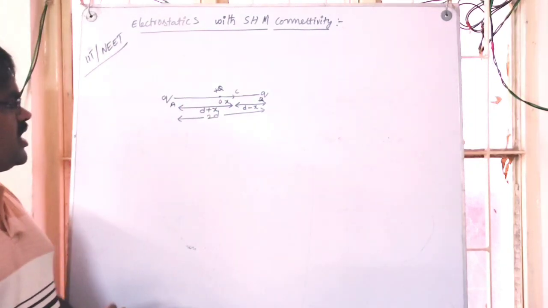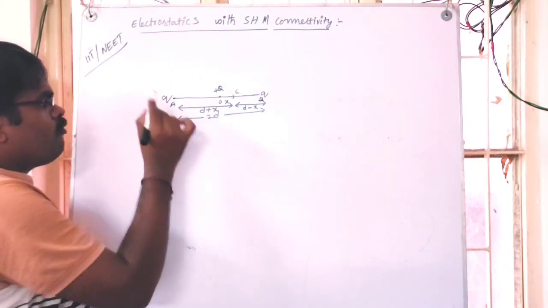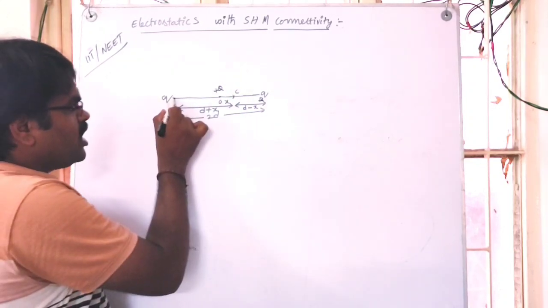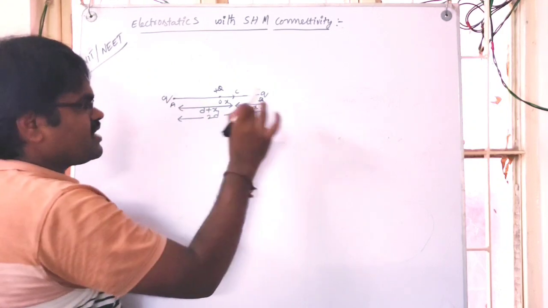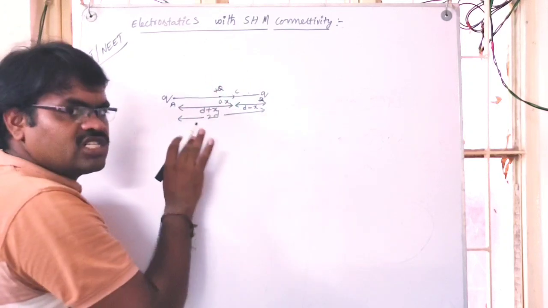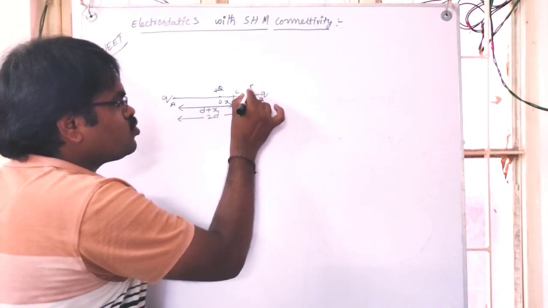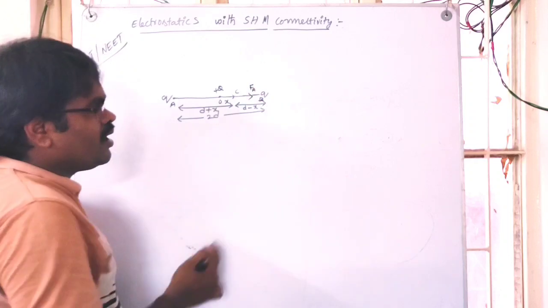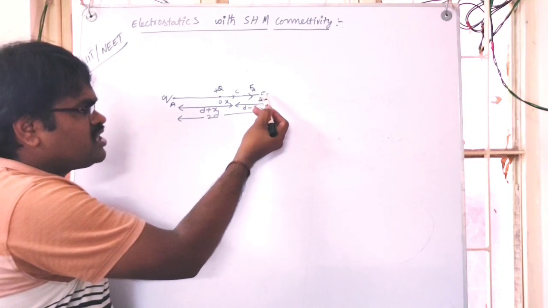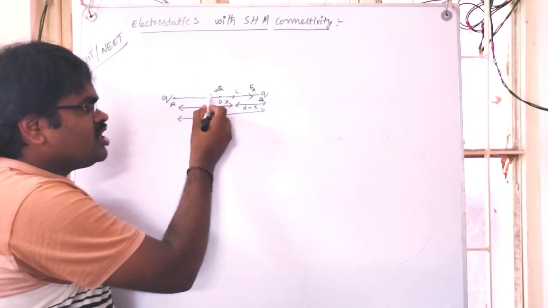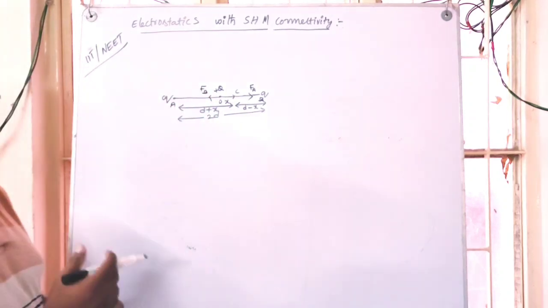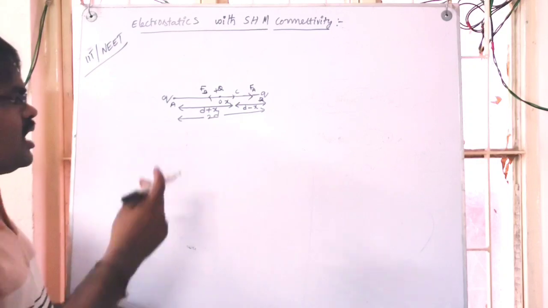Now first we write the force at this point. The force on the charge, which acts as a repulsion because it is a positive charge, we consider Fa. Now the force at the B point, repelled by that charge, we consider Fb. Both forces are repulsive because of the same nature of the charges.